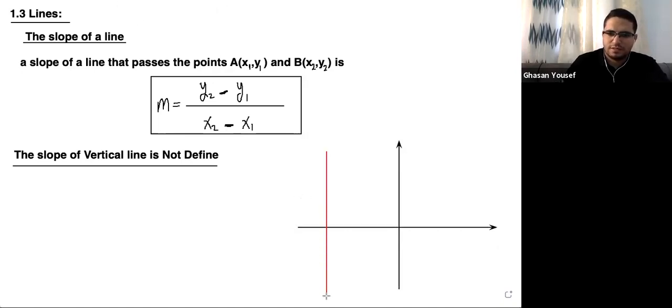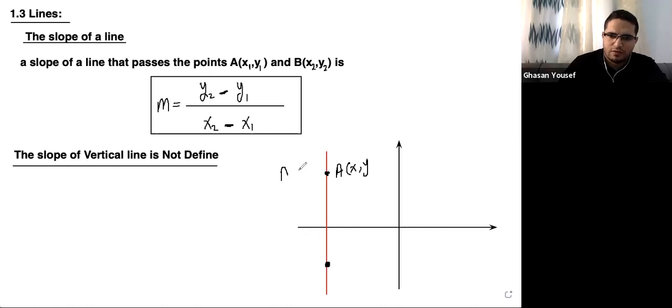If I take any two points on this line, for example this point here, called A, this is my A of x comma y1.